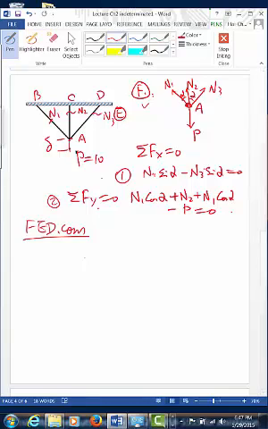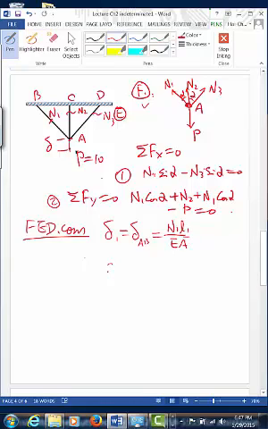Right? So in this case, we have bar AB and bar AD, they deform, and actually also bar AC. So what we'll have will be delta 1, say delta AB, equal to N1 L1 over EA.